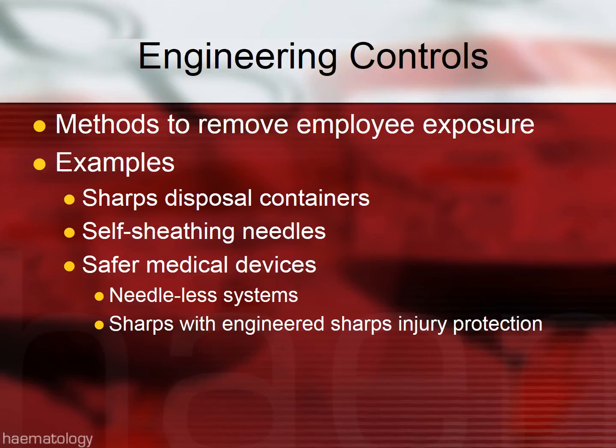If you've been into the casinos lately, you notice that they have tons and tons of sharps disposal containers all over the place. They also have self-sheathing needles, where the needle isn't protruding; it's just covered. And they are getting into some needleless systems, so the person never comes in contact with any type of sharps.